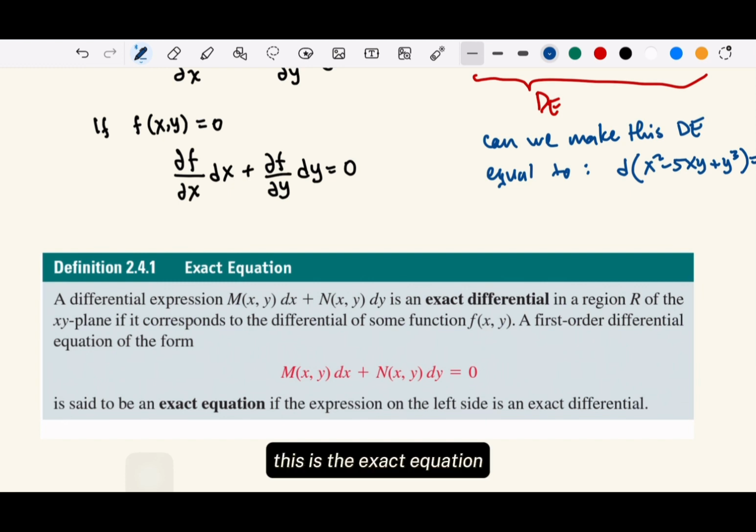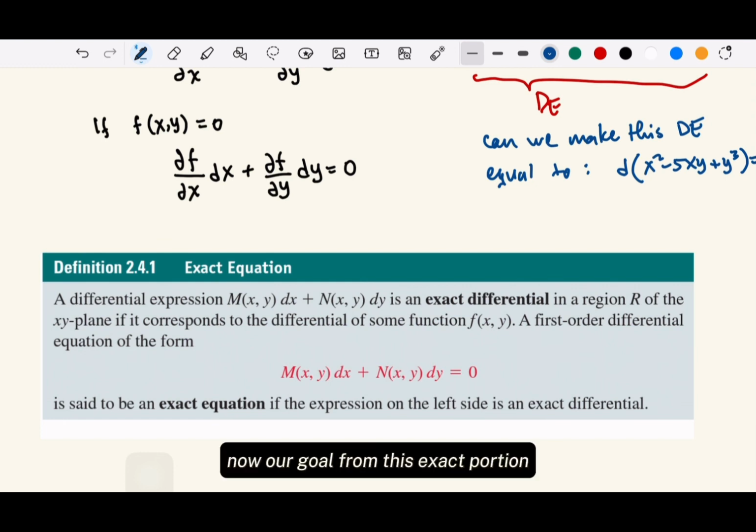We call it an exact equation if we can make a structure that can be grouped as dx and dy, and in each group you will see a function of two variables x, y.